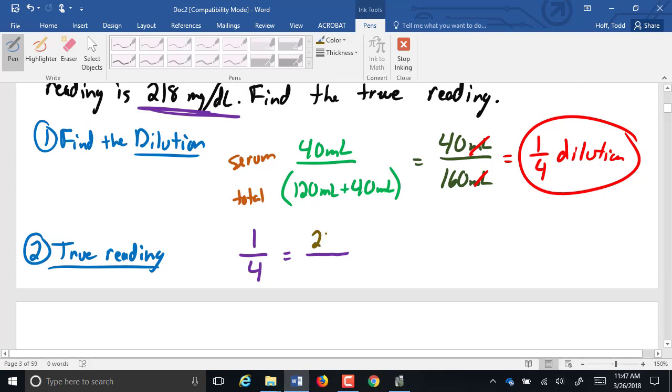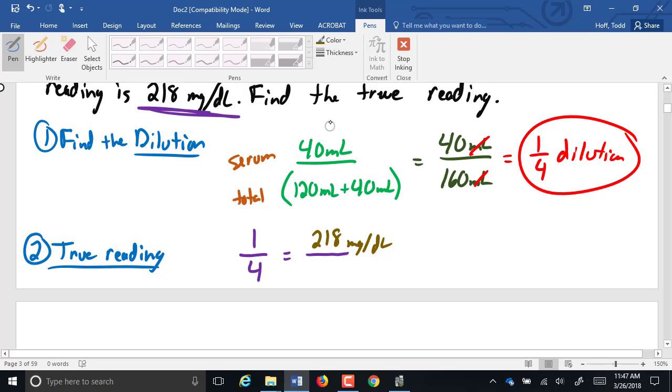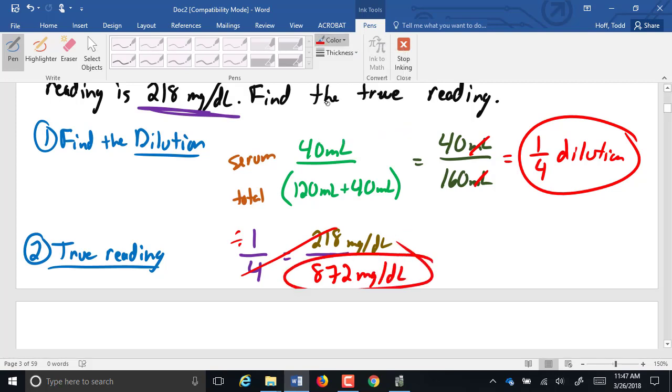So we put the 218 on top with the smaller number, the 1, and we will cross multiply and divide. 4 times 218 divided by 1 gives us 872 milligrams per deciliter. Now, I didn't specify what we were testing, but if we were testing blood sugar or something like that, that is obviously getting up into a dangerous level.